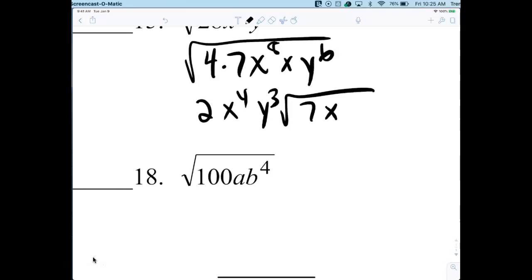Why can't you divide 4 and a half for x? We already took the square root of that. If you're on the outside, you're done. Good. How do you know to put the 7x on the inside? Because what's the square root of 7?